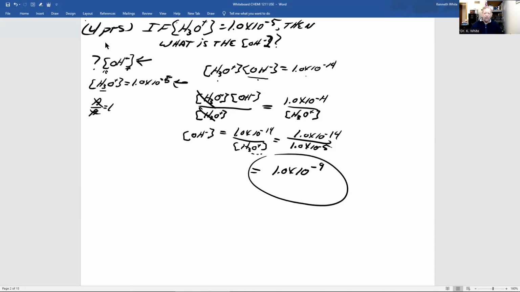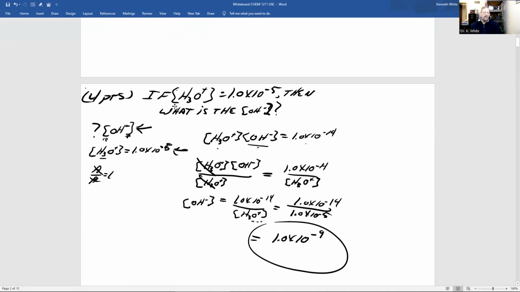So let's go through again. What did I do? Well, here's the problem. If the hydronium ion concentration, remember H3O plus is hydronium and OH minus is the hydroxide.